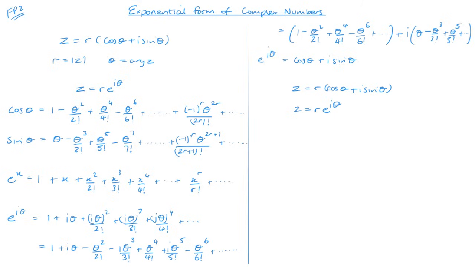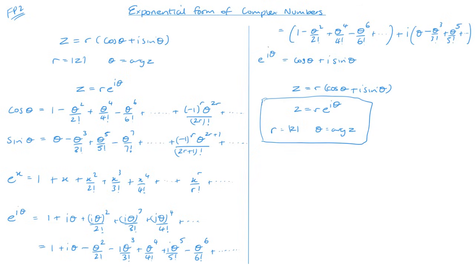So that's where it comes from, where r is, as we said, mod z, and theta is the argument of z. This now is the new form.